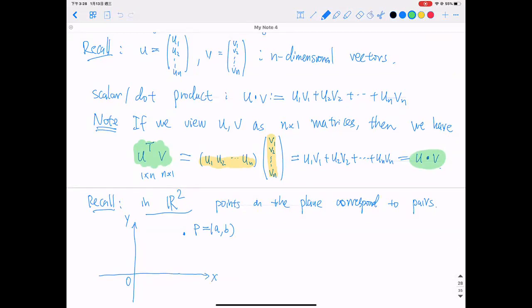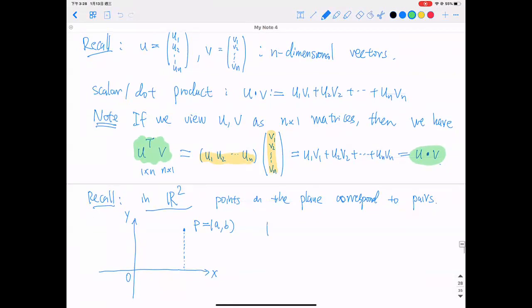Okay, and then the distance between the origin O and the point P, or the length of the line segment OP here, is computed as follows, right?